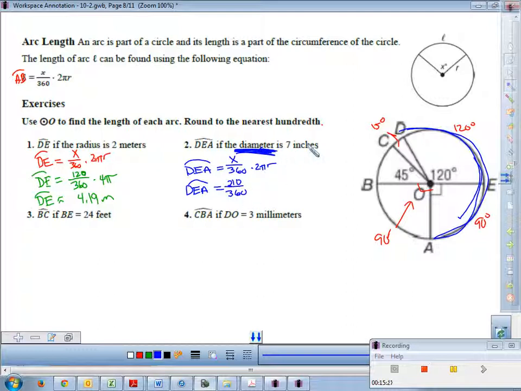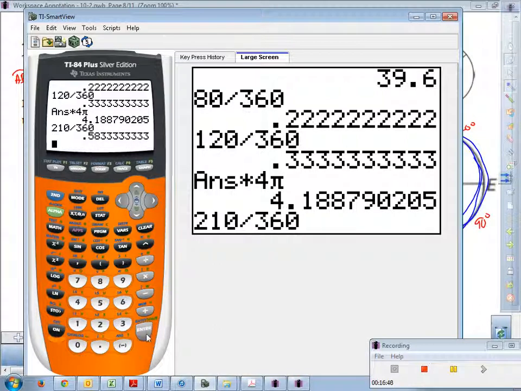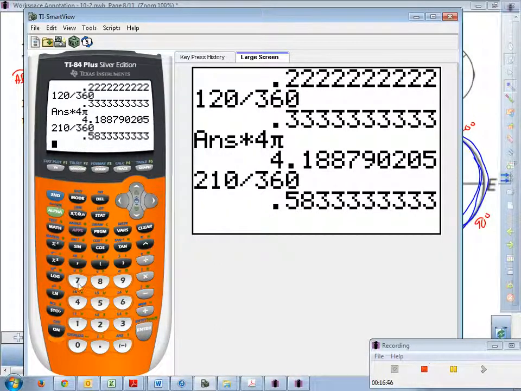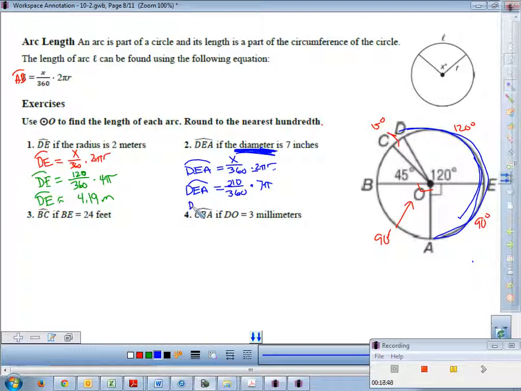The diameter is 7 inches, and that's 2 times the radius, so you can just put 7 in for 2 times the radius, because the radius is 3.5 and times 2 you get 7 again. Now we punch it in our calculator. Type 210 divided by 360 and hit equals, and then take that times 7 pi. And get 12.83 inches. So the length of arc DEA is about 12.83 inches.